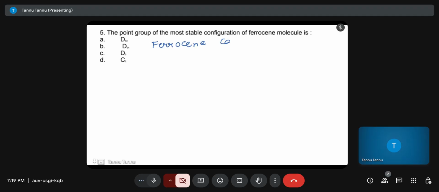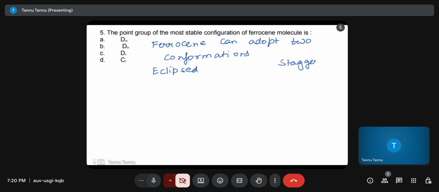Ferrocene can adopt two conformations: first is the eclipsed conformation, and second is the staggered conformation.